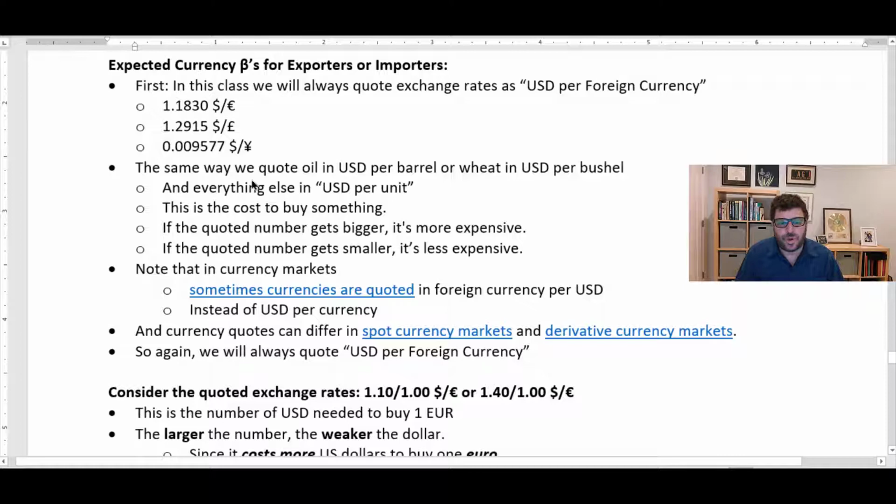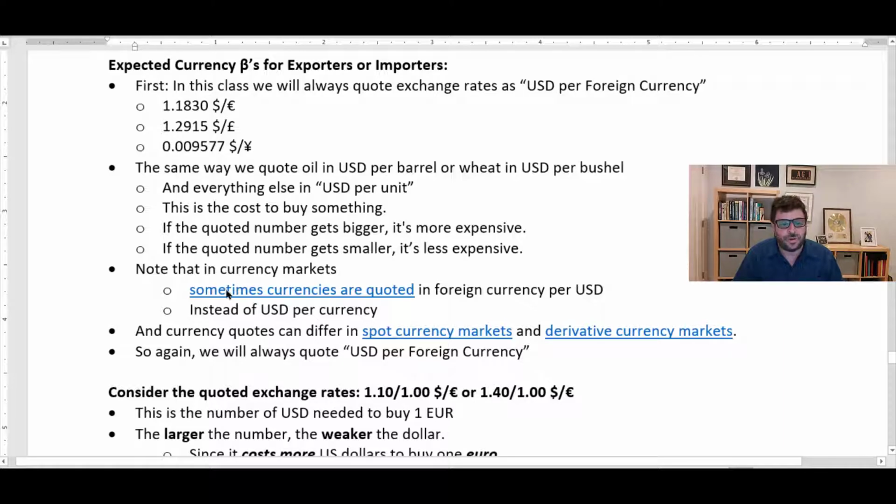This is the same way we quote oil in US dollars per barrel, or wheat in US dollars per bushel, and everything else in US dollars per unit. And so when we put it into our regression, an increase in this exchange rate, we can interpret the beta the same way we can an increase in the price of oil. So this is the cost to buy something. If the quoted number gets bigger, it's more expensive to buy a euro. And if the quoted number gets smaller, it's less expensive to buy a euro.